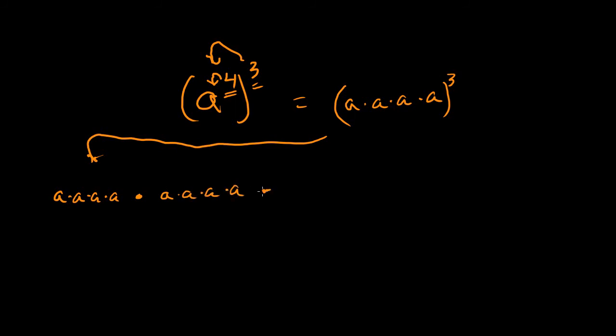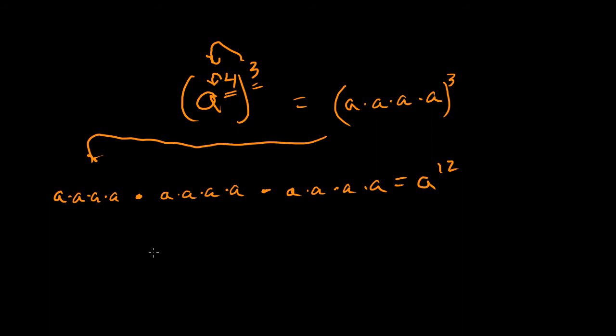There's 2 and 3. So in the end, what we have is 4 a's, another 4 a's, and another 4 a's all being multiplied together. That should give us a to the 12th power. How could we have done this quicker?